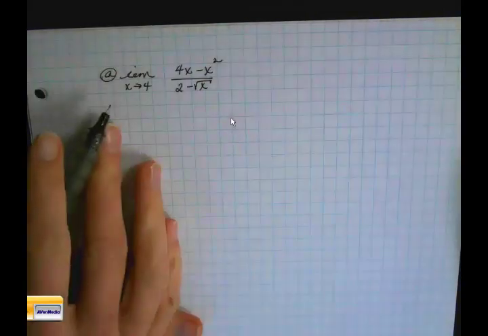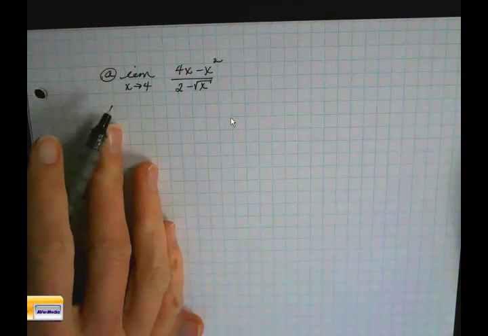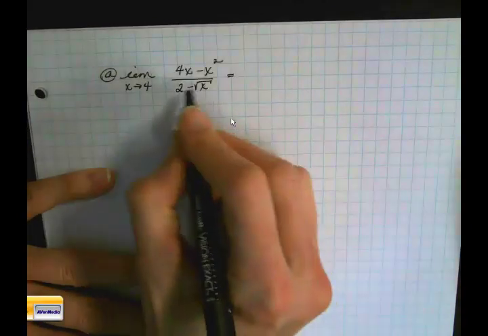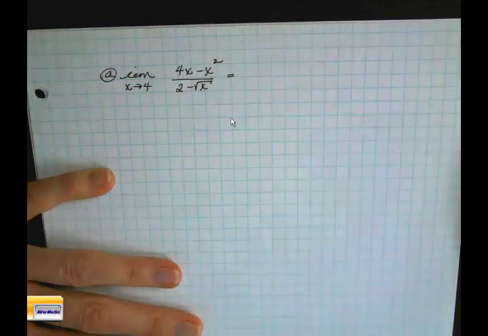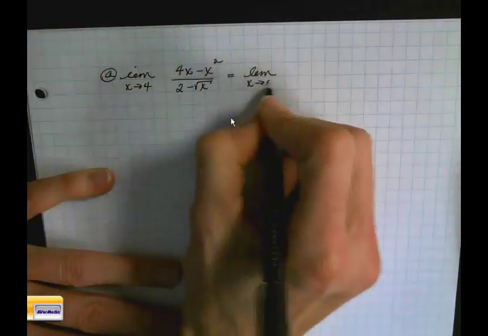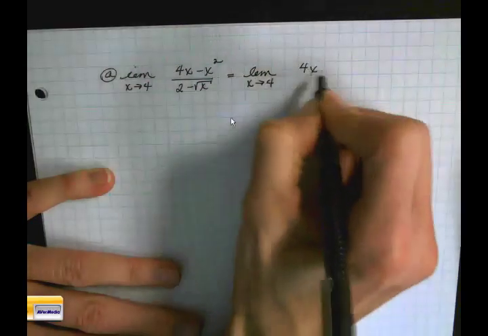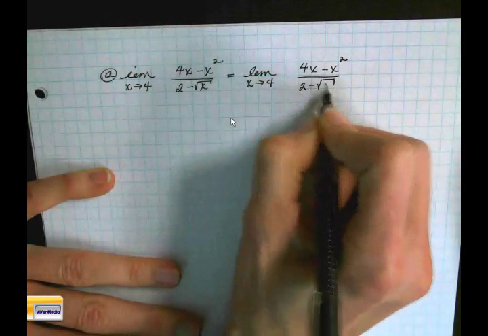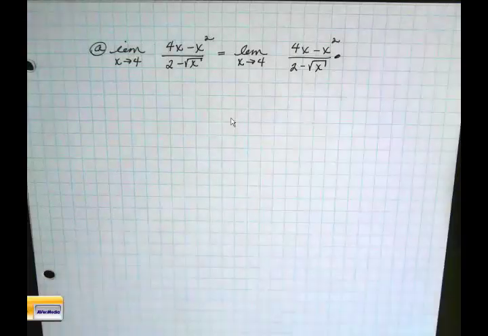Okay, so can I put a 4 in? Nope, it gives me a 0 in the denominator, so I cannot use direct substitution. So what we're going to do is multiply by the conjugate of the binomial that has the radical. So this is the limit as x is approaching 4 of 4x minus x squared over 2 minus the square root of x, times the conjugate.